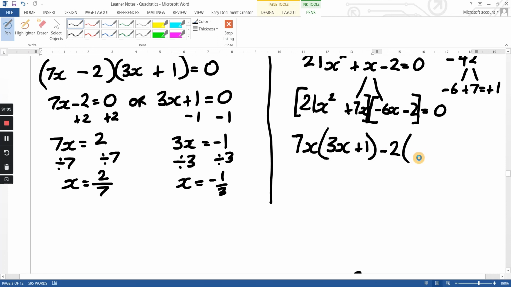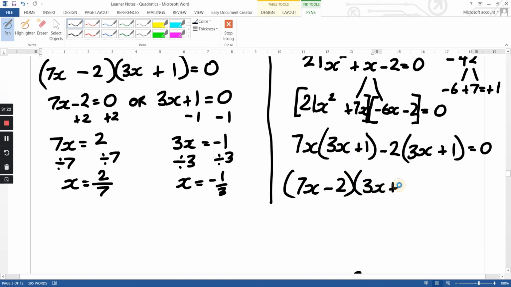That leaves me with 3x plus 1. Yeah, you get the same in both brackets. So your two brackets are 7x minus 2 and 3x plus 1. Same again, you just do this bit here and you should get the same answer.